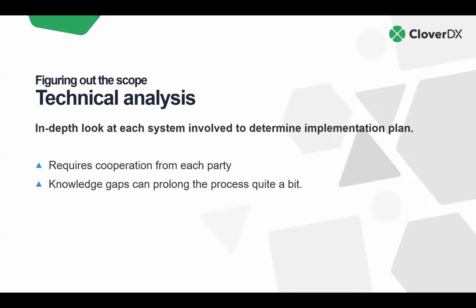And so technical analysis is very important. And usually the output of this is the implementation plan. It might not have a timeline attached, but it will be a technical implementation plan, for example, saying that you need to migrate this set of data first before you can do another set of data and so on. This is something where it pays off to be friends with basically everyone, especially if multiple systems are involved.